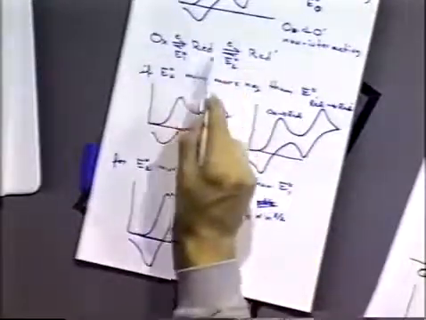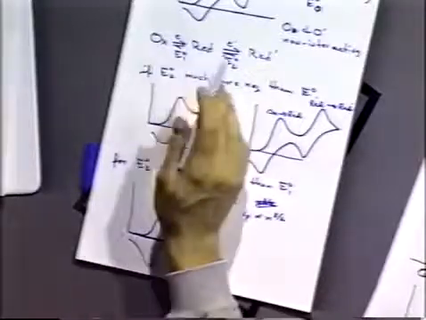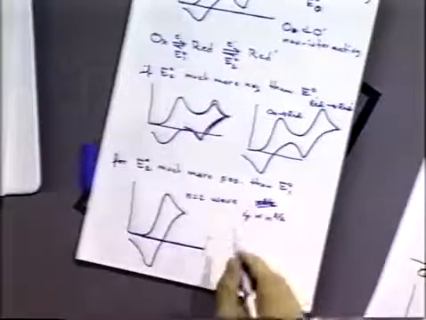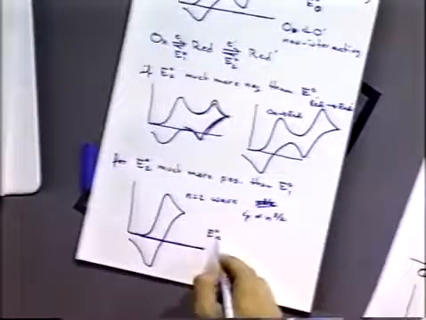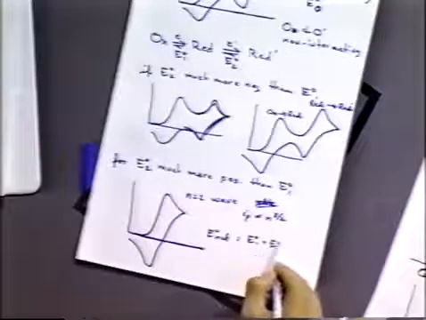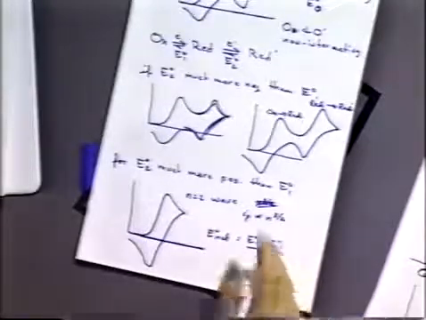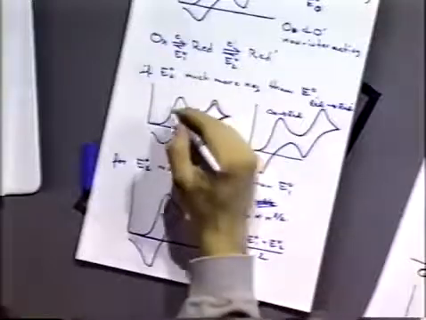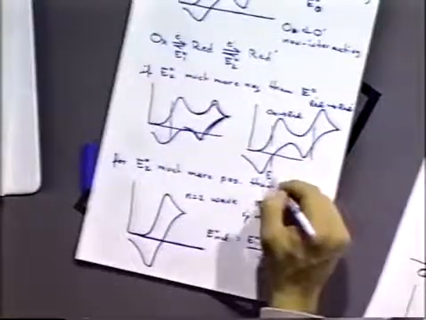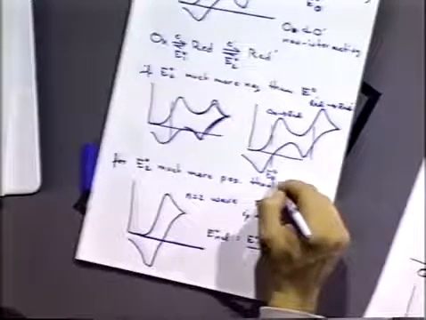And the potential that you observe is actually the average potential for those two molecules, for the two E0s. So E0 net is equal to (E01 plus E02) over 2. Whereas this would be E01, and that would be E02.